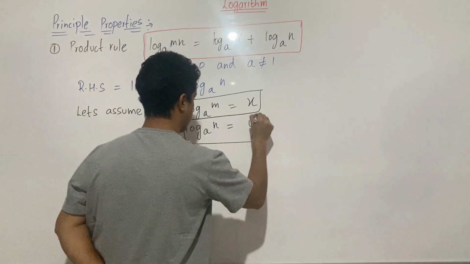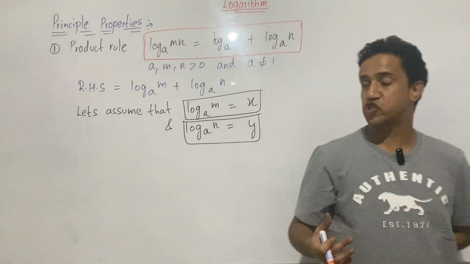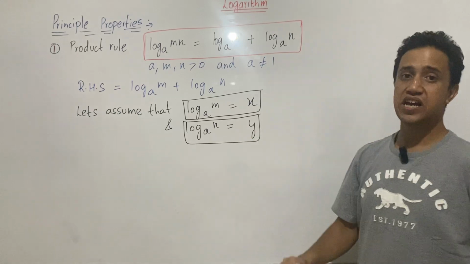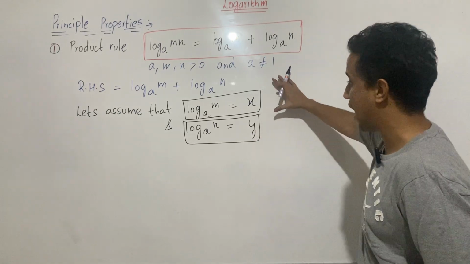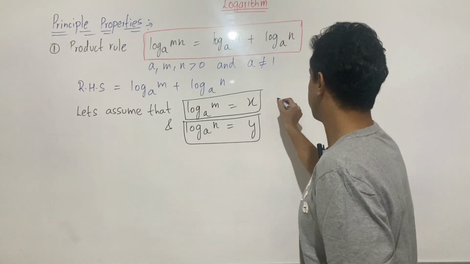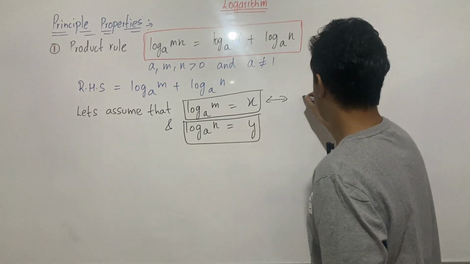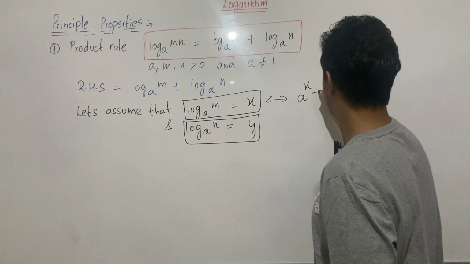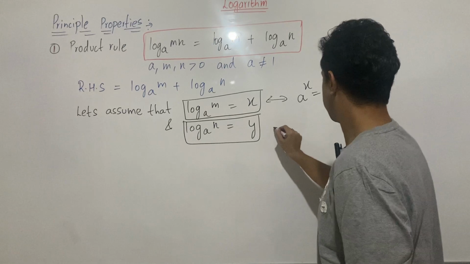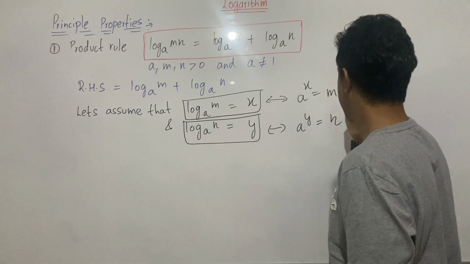Now because we assume that log m to the base a is x and log n to the base a is y, if I change it into the exponential form, it would be a to the power x equals m, and here a raised to the exponent y equals n.